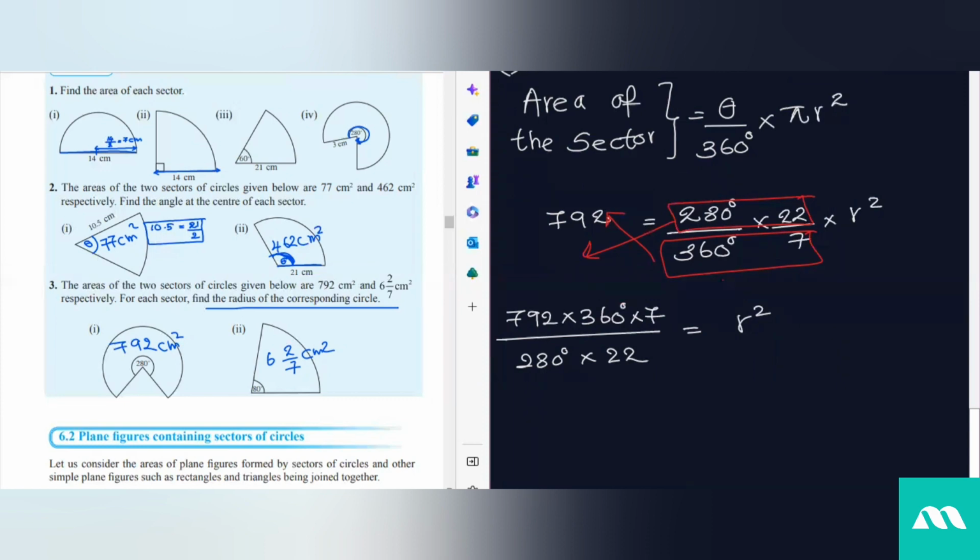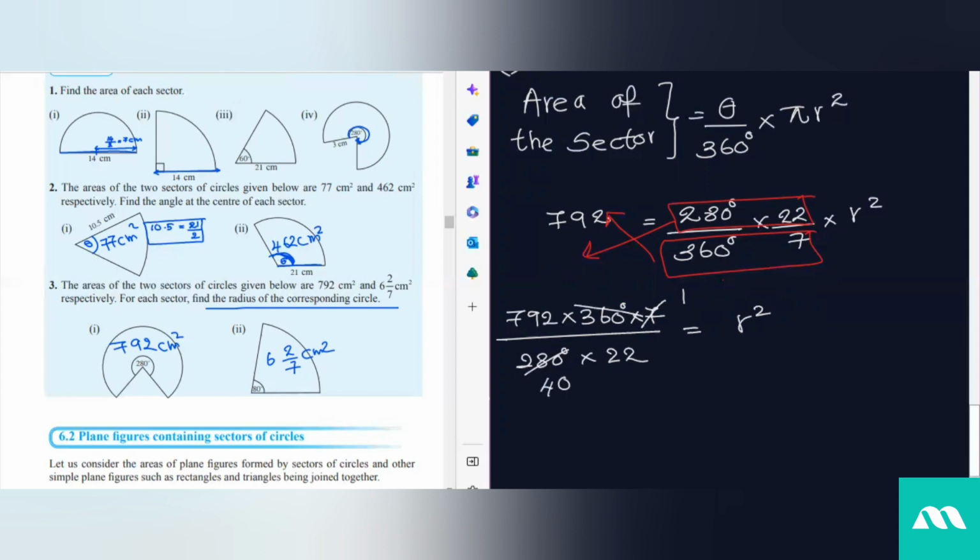Then you can start to simplify. 7 divided by 7 is 1. 280 divided by 7 is 40.